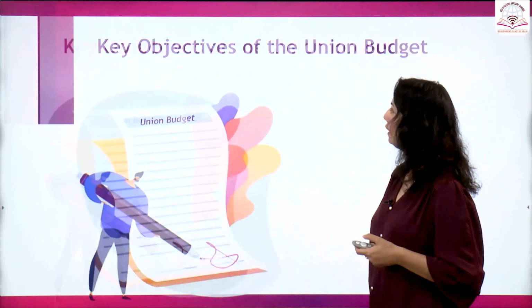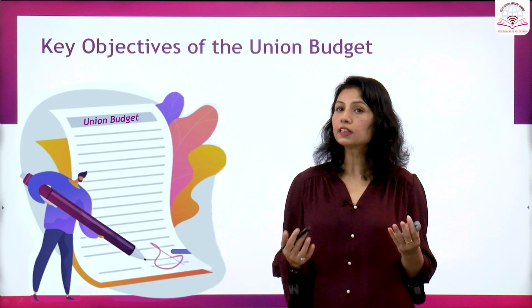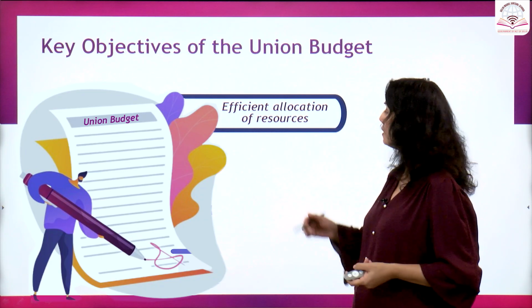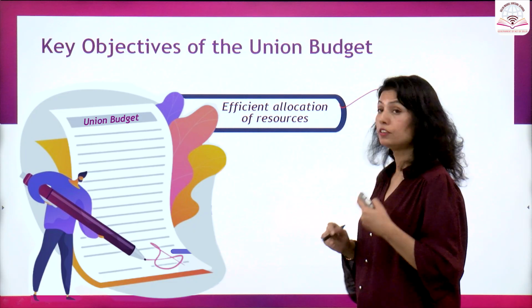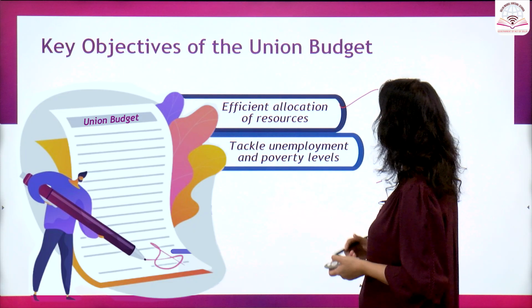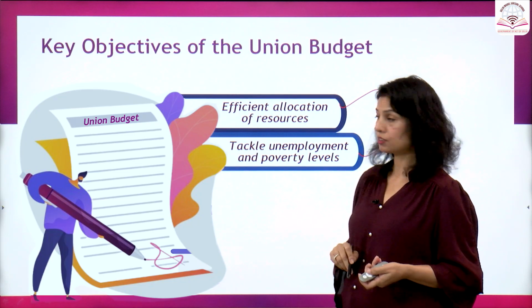Now let's talk about the key objectives of union budget. What are the objectives of union budget? First and foremost is efficient allocation of resources to maximize public welfare and also to tackle unemployment and poverty levels.